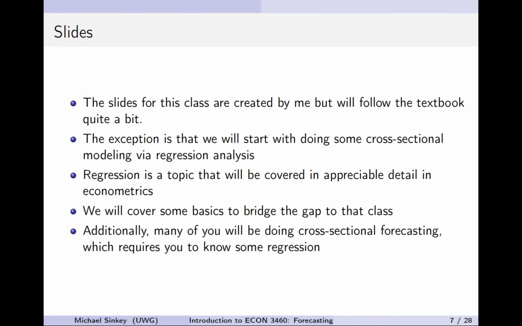I make the slides for this class myself, but I base them on both the forecasting textbook and my own knowledge of cross-sectional regression, as well as complements from the Hansen econometrics book when I can. So most of the regression notes will be from me. Most of the forecasting slides will be based off of what I think is important out of the Hyndman and Athanasopoulos book. And so we are going to cover some basics to kind of bridge the gap to regression.